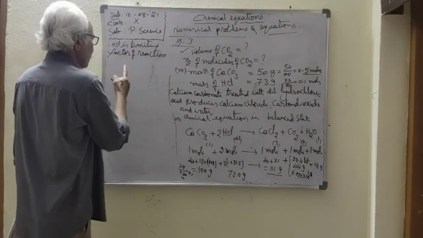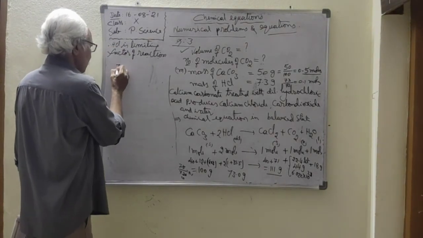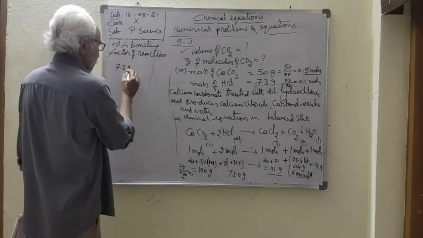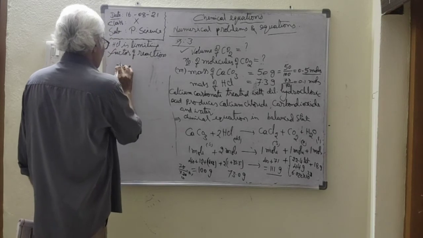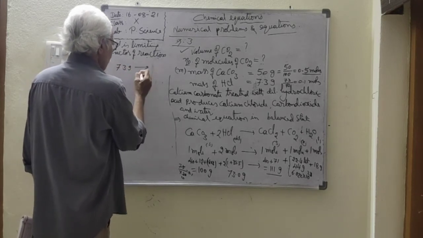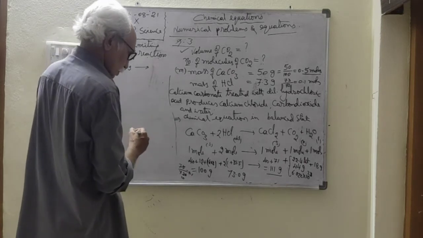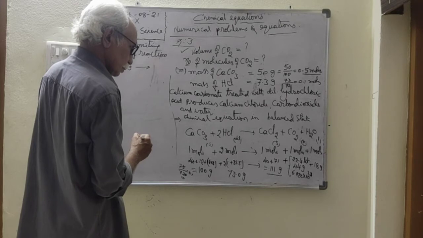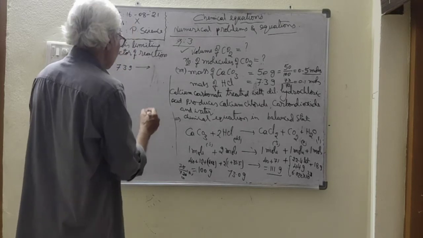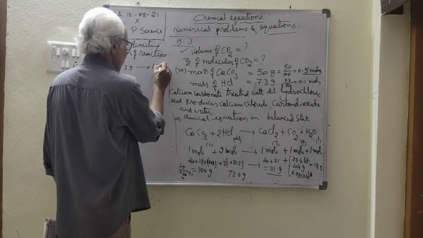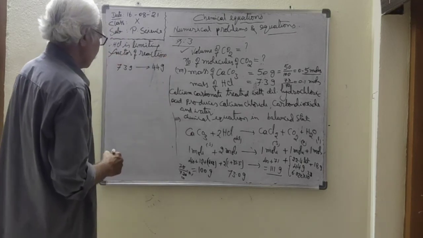So, 73 gram HCl produces 1 mole, that means 44 gram of carbon dioxide.